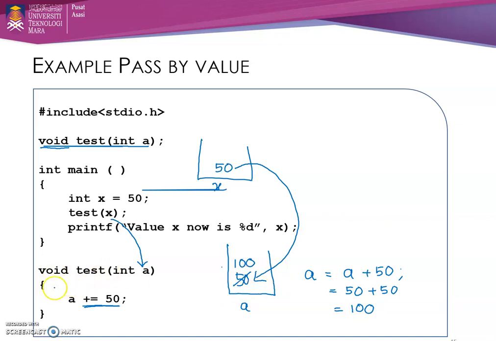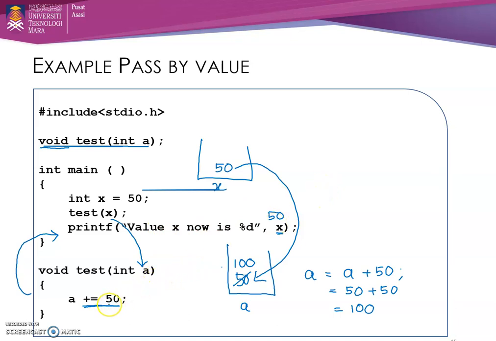But when we go back to the main function, there is a statement where the program needs to display the value of x. You have to recall what the value of x is now. The value of x is 50, so the program is going to display 50.